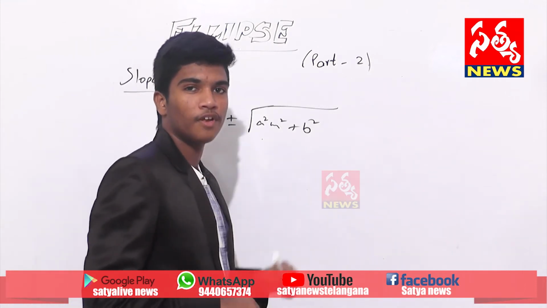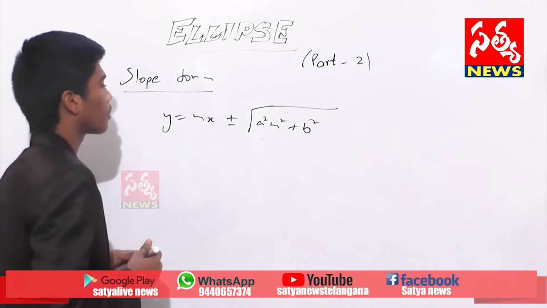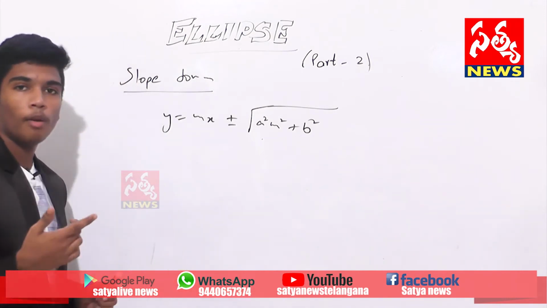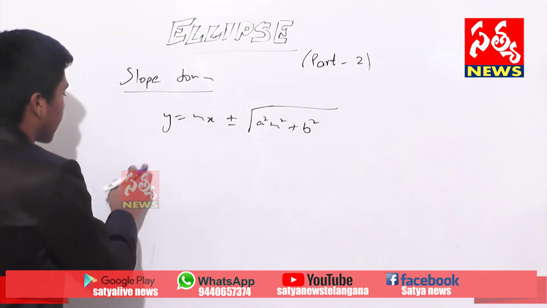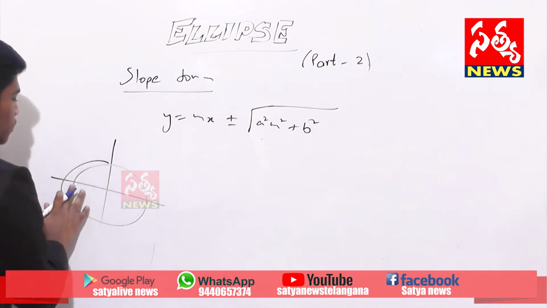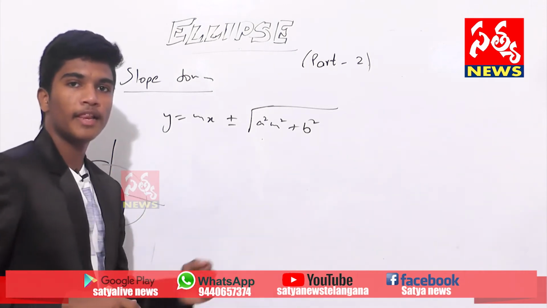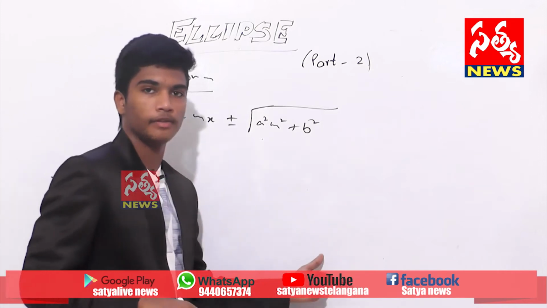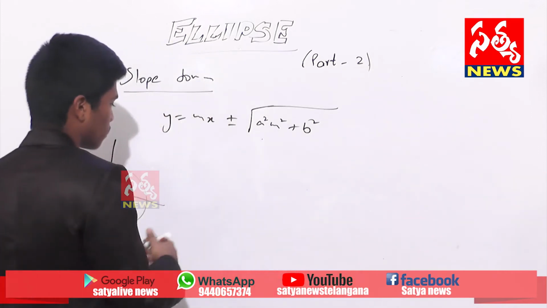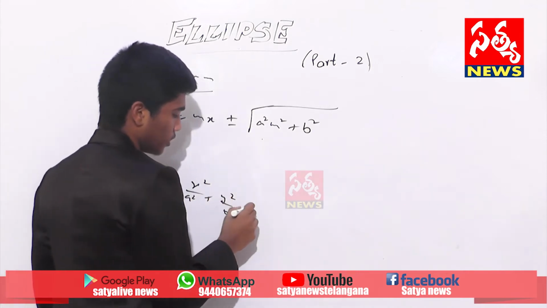We will use this formula frequently in solving problems. In problems, how they ask to find the tangent, they will give an equation of the ellipse and an equation of a line. Let's take x square by a square plus y square by b square is equal to 1.